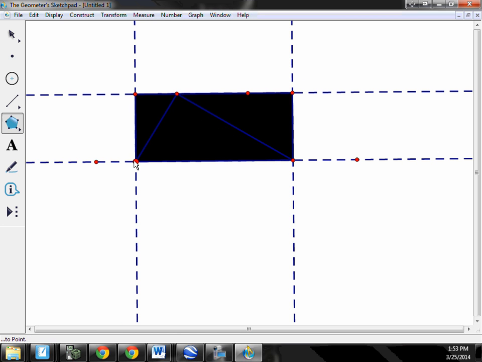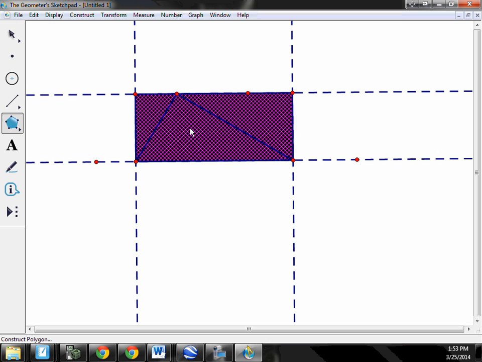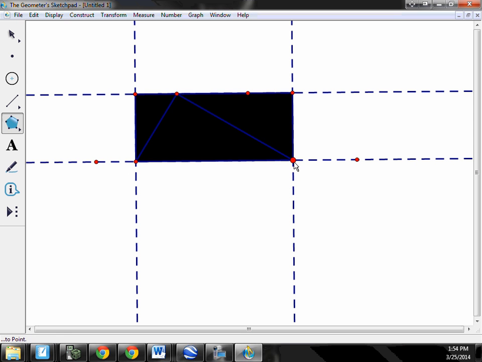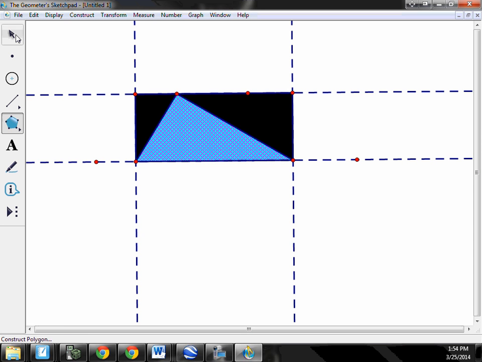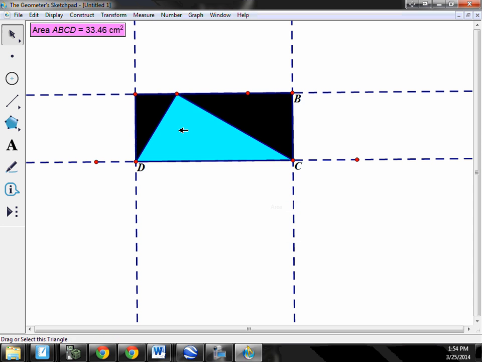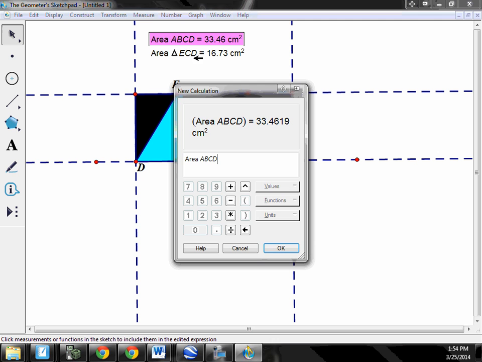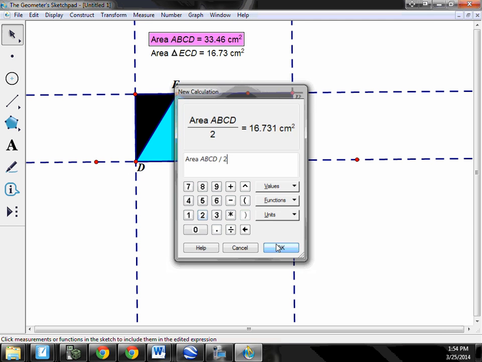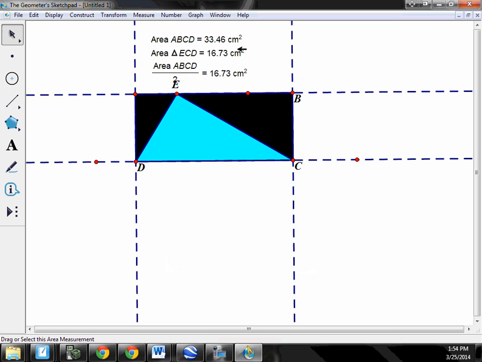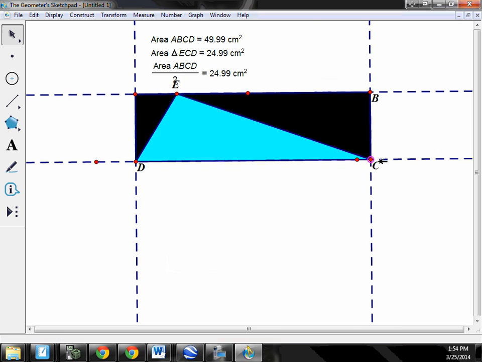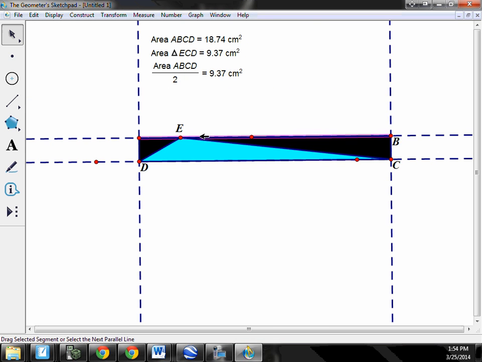If I draw the rectangle, draw the triangle. So here's the rectangle, and here's the area of the triangle. And if I calculate the rectangle divided by 2, notice they're the same. These two values are the same. And no matter how I move this, they're always going to be equal.